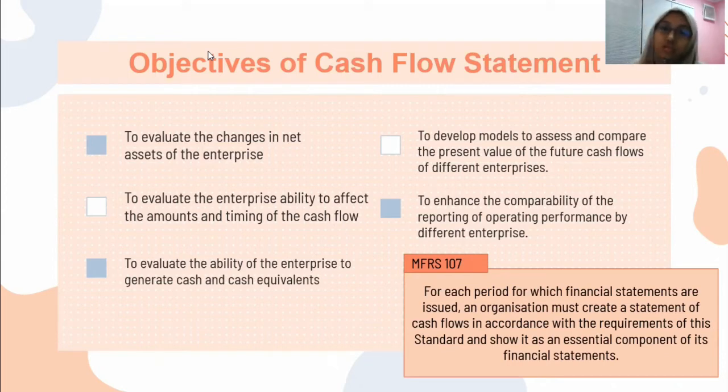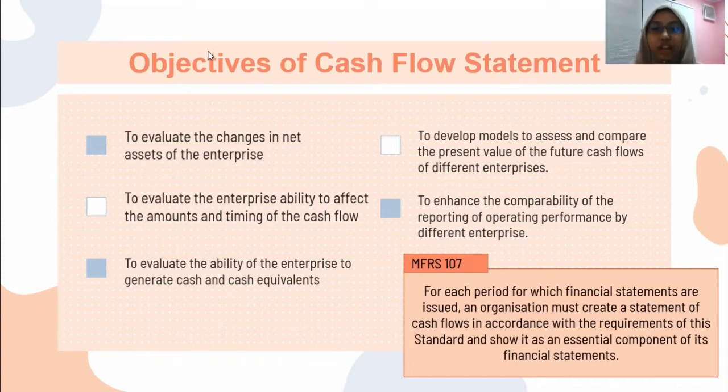And finally, to evaluate the ability of the enterprise to generate cash and cash equivalent. It provides information to the user of financial statement as to know whether the enterprise generates cash whether through the sale of its product or services or by getting loans by banks. It will affect the decision making of the user of financial statement.